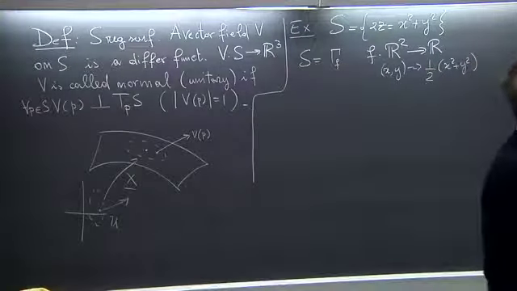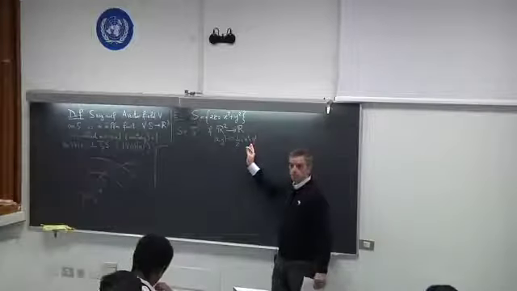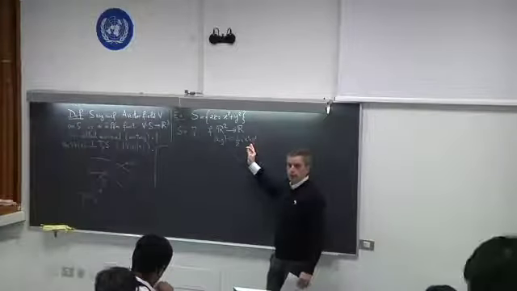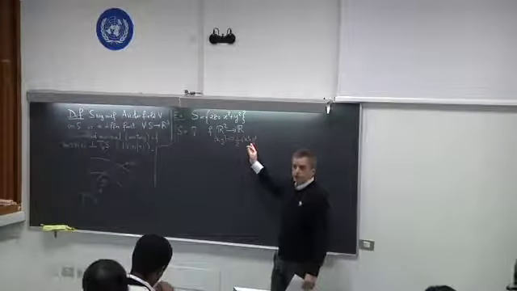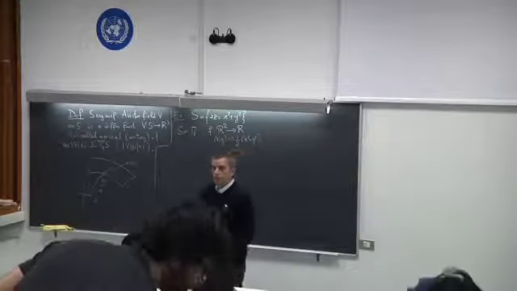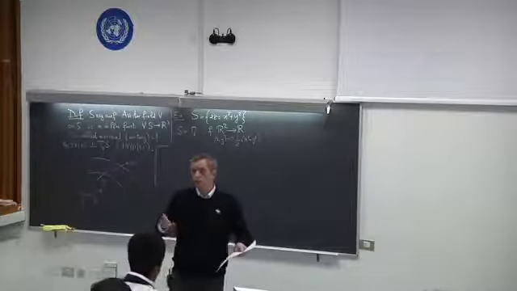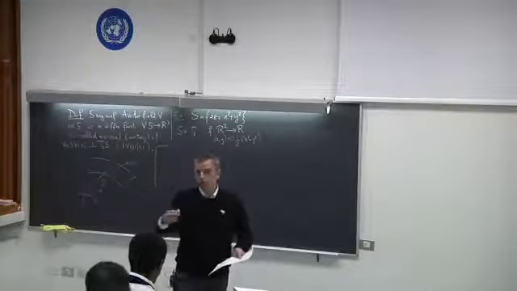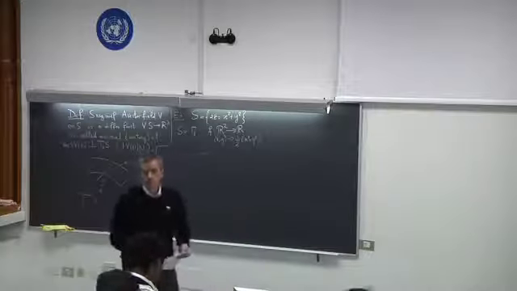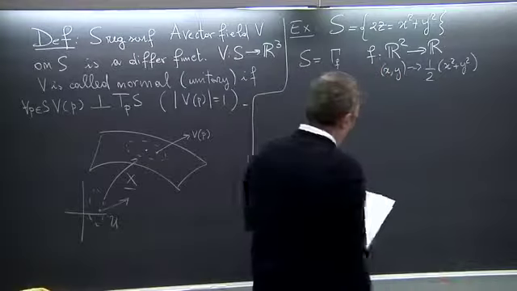In particular, why is this a regular surface? Well, the function is certainly differentiable, it's a polynomial. And how did we prove that a graph is a regular surface? Actually, graphs have the special property of being covered by a single chart. There is one single chart which is good for every point of the surface. And which is this chart? It is, in some sense, the map f suitably changed.